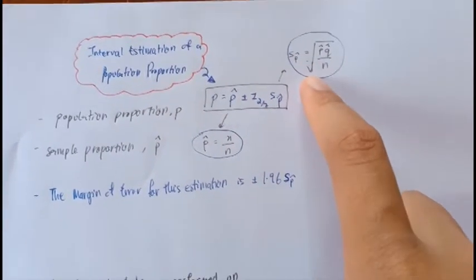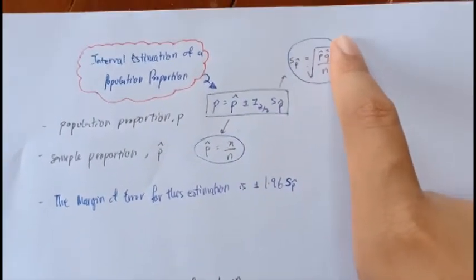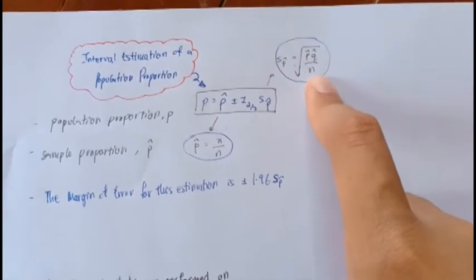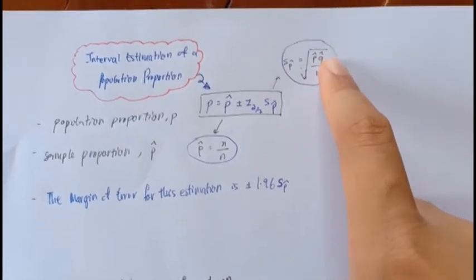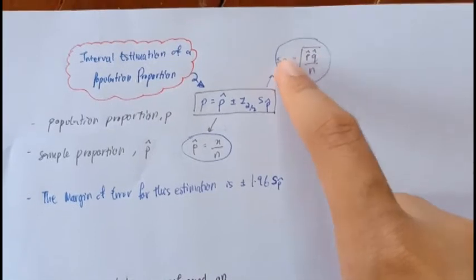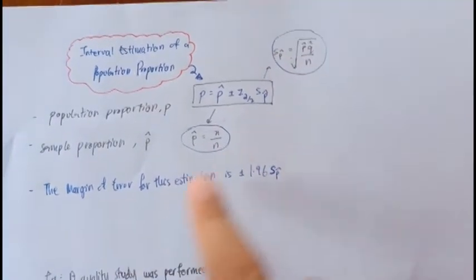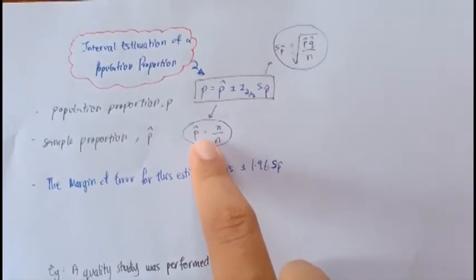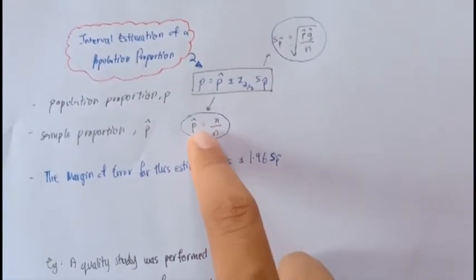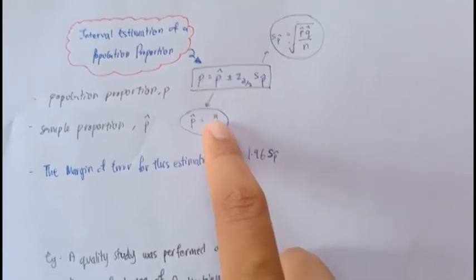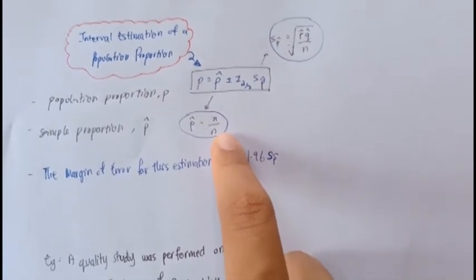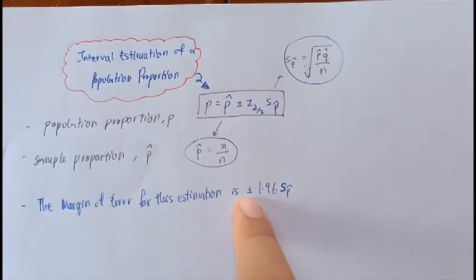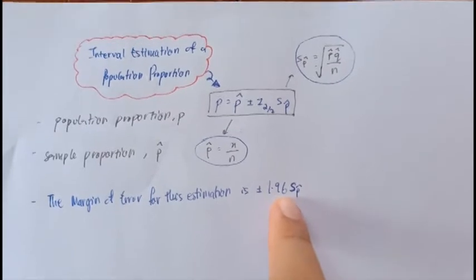The SP hat is the root of p hat times q hat over the sample. Take note that the q hat is actually 1 minus p hat.